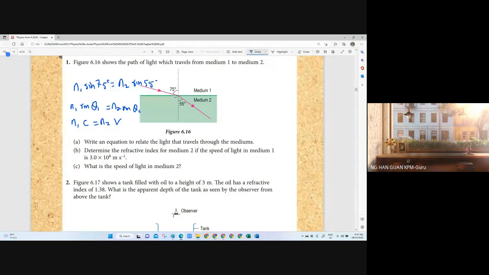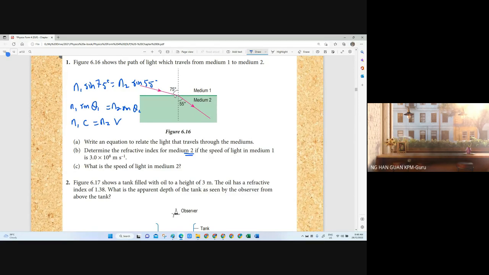So here you will have n2 over n1 equal to c over v. What is the speed of light in medium 2? I think for all this you can just use the formula provided here, the refractive index of medium 2.